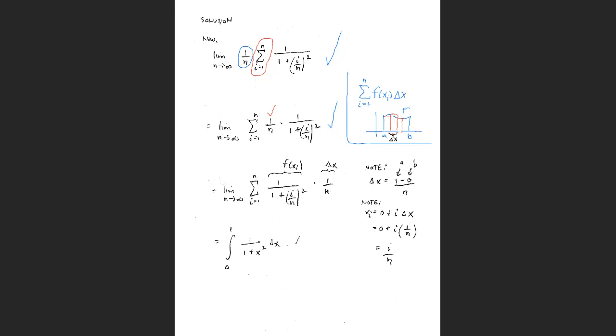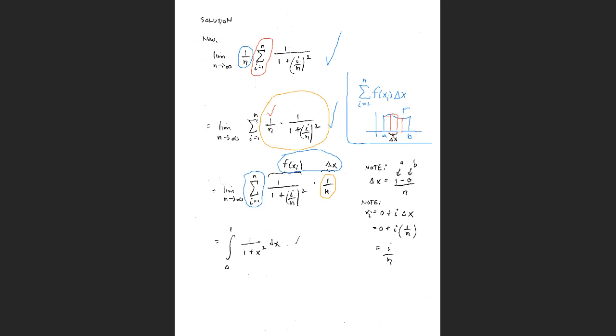I'm pointing this out because here we have a sum of f of x sub i times delta x. Based on what we have above, the delta x would have to go with the 1 over n, because delta x is the width of all the subintervals, and that doesn't change.